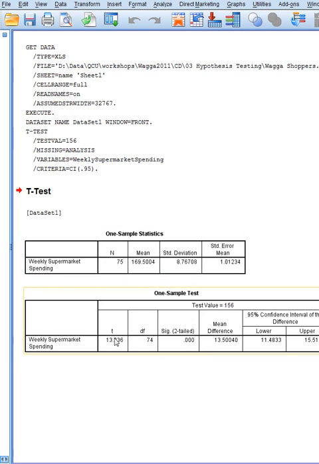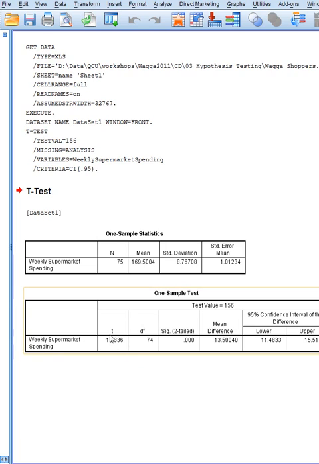So down here is where we get the results from our hypothesis test. We can check that we've entered the right value by looking at the 156. That's the value that Roy Morgan was saying, and that's where we got that value from. So Roy Morgan was saying that on average people spend $156 a week on groceries. We've gone out and collected a sample just from Wagga, and we want to see whether our sample has a mean of 156 or not.